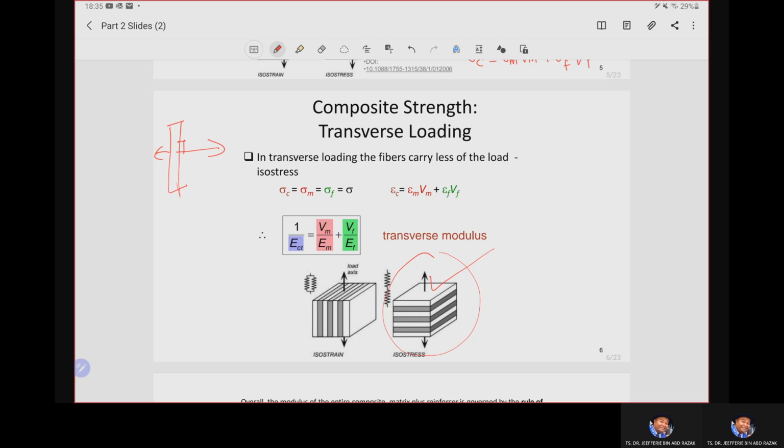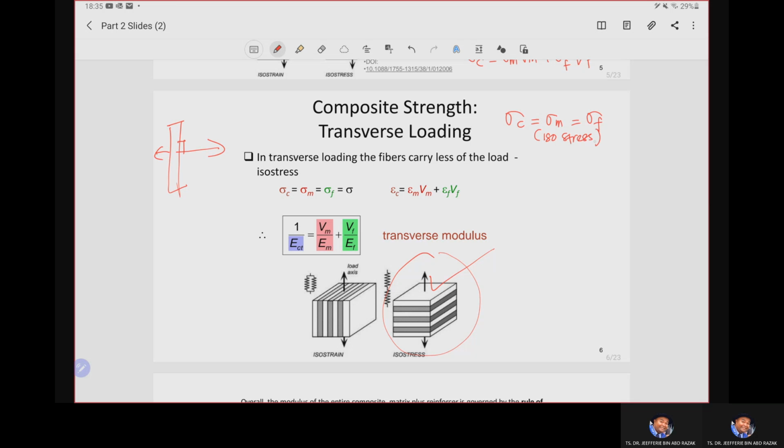In this transverse case, the stress to which the composite as well as both phases are exposed is the same, so sigma C equals sigma M equals sigma F. This term we call the isostress condition.